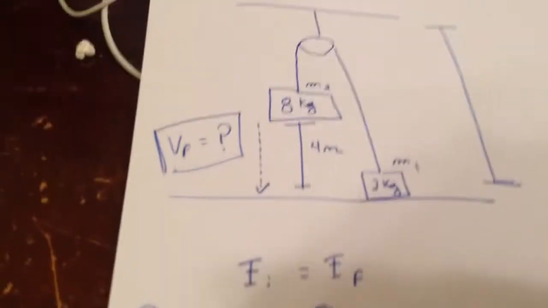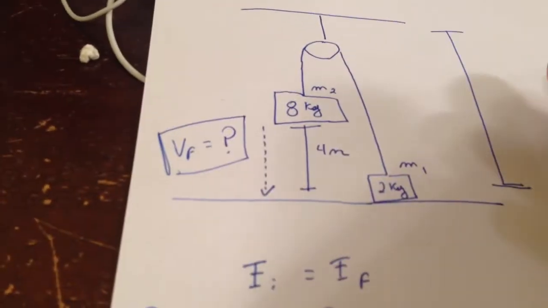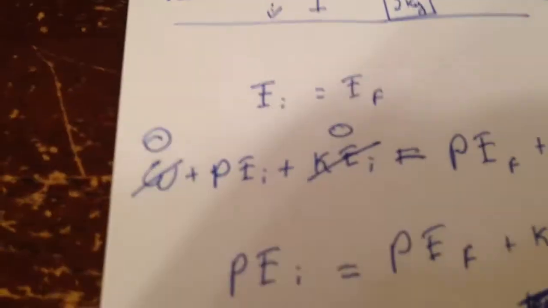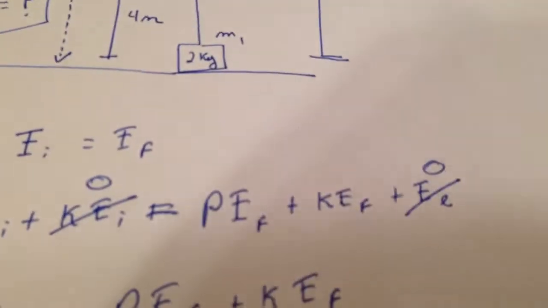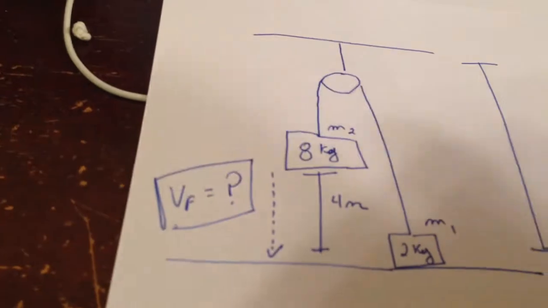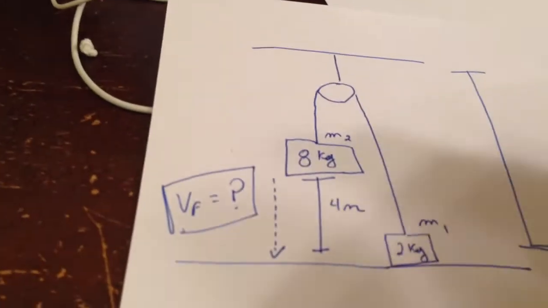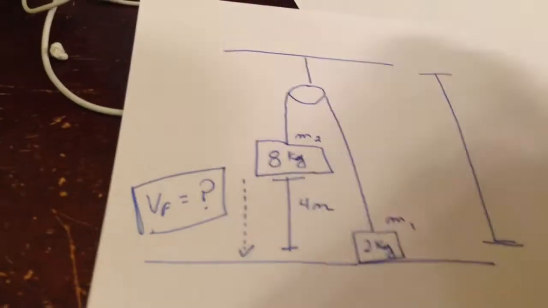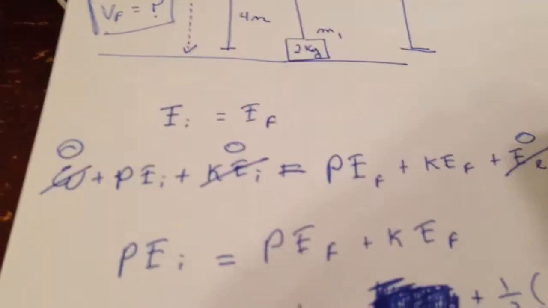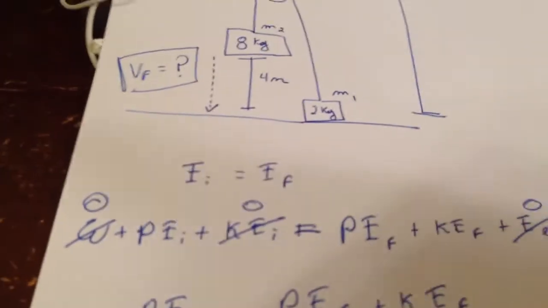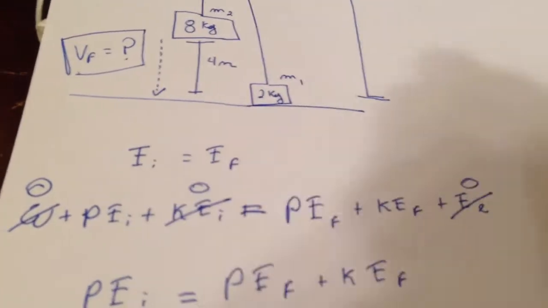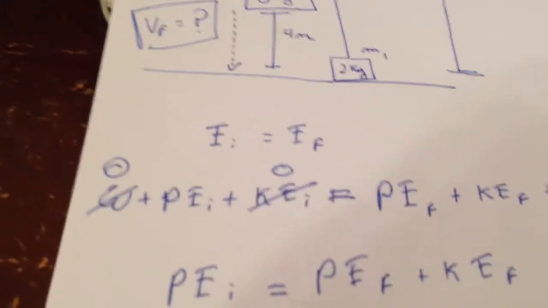Initially there's no kinetic energy going on, so that will be 0. And energy loss: the problem didn't say there was any friction force, so we can assume energy loss is 0.